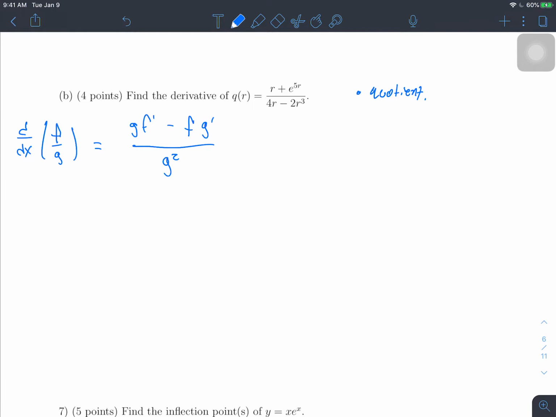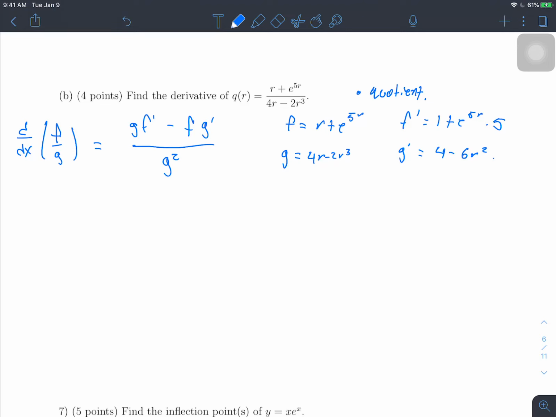So g f prime minus f g prime over g squared, where in our case f is equal to r plus e to the 5r, g is equal to 4r minus 2r cubed, and computing their derivatives is relatively straightforward. We're going to get 1 plus e to the 5r times 5, and g prime will be 4 minus 6r squared.